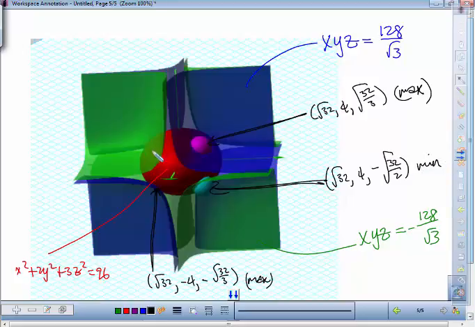And then another point where it touches the green graph would be another place where you would have a minimum. And this would be at the point, it looks like my x is still positive, square root of 32, y is negative now, and it's above the z-axis, on the positive z-axis, so the z is positive. So this is also a minimum because it gives me a negative value.